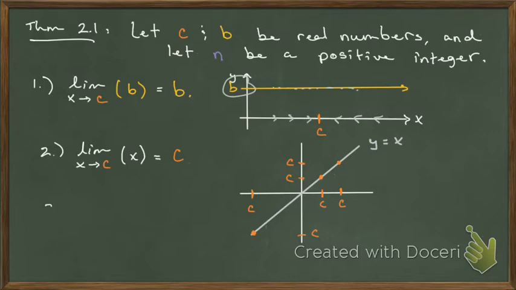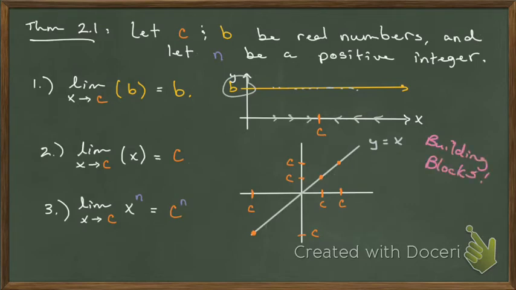And finally, the third: the limit as x goes to c of x to the power n is c to the n. And again, these are all building blocks. These are going to help us evaluate limits of more complicated functions. So basically with x to the n, x, and b, I can pretty much make up any polynomial that you can think of.